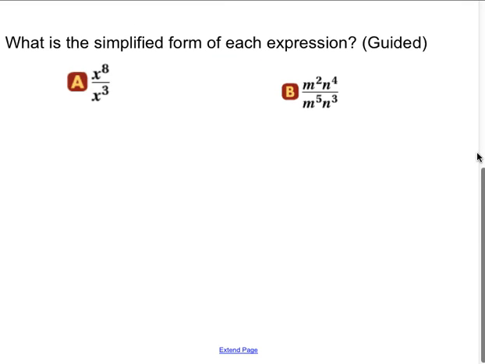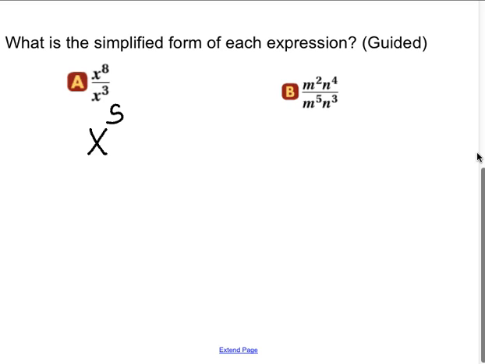So, simplifying the expressions. A is going to be the most basic case, the awesome case. X to the 8 divided by x to the 3. Again, division is linked to subtraction. So 8 minus 3 just leaves me with x to the 5.